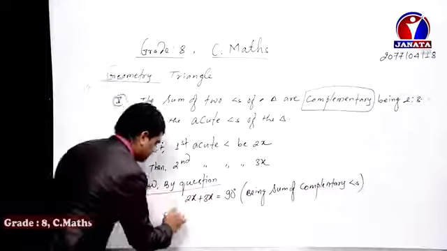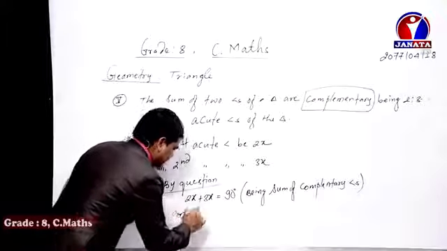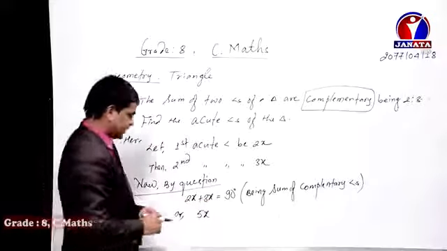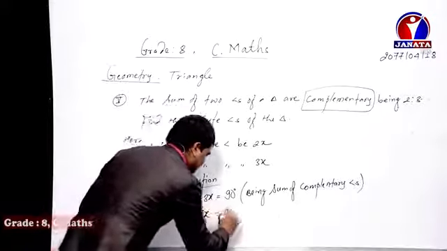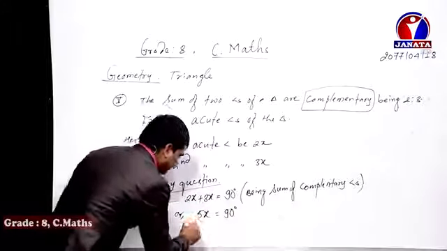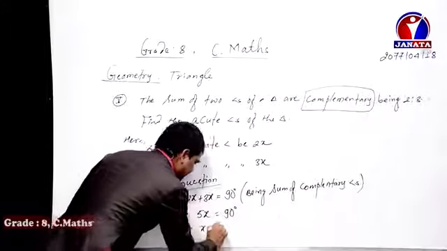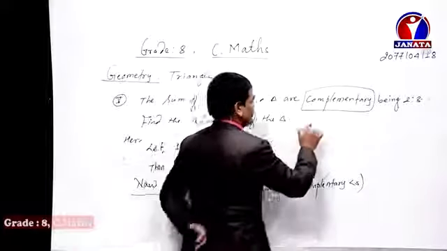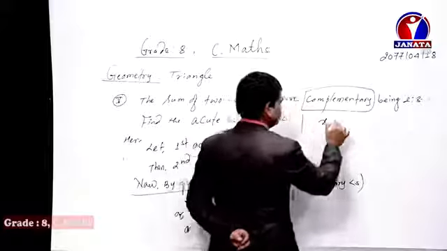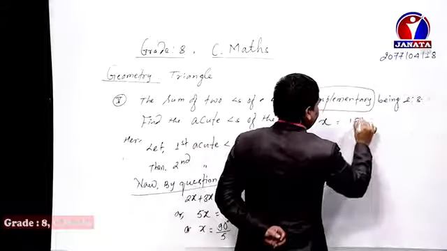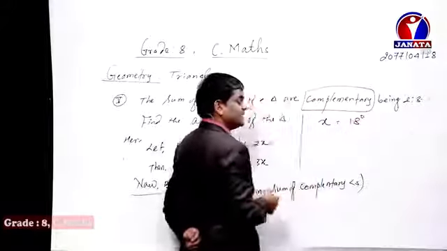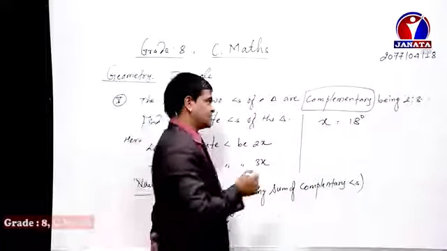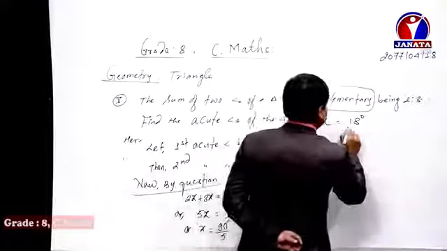Now 2x plus 3x equals 5x because they are like terms, and then equals 90 degree. And then x equals 90 degree divided by 5. What is the value of x, dear student? It will be 18 degree, isn't it? 5 18s are 90. So that's why the value of x came as 18 degree.